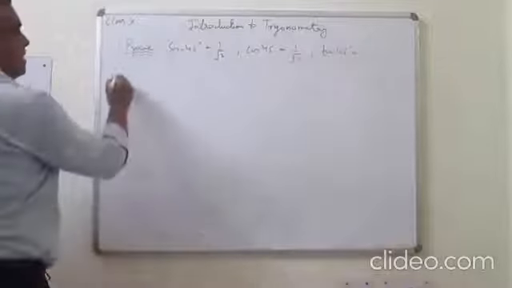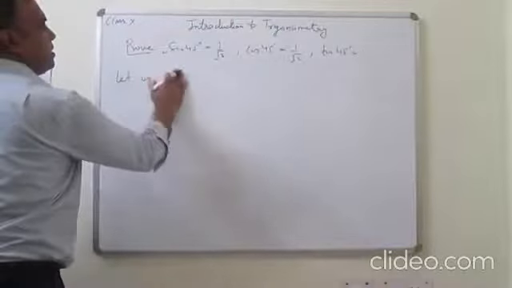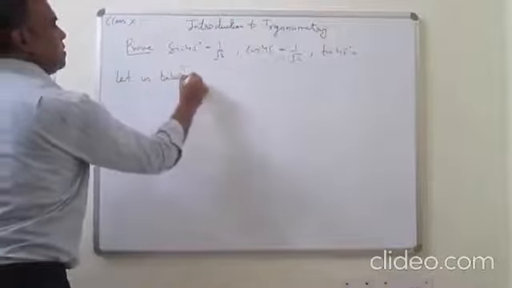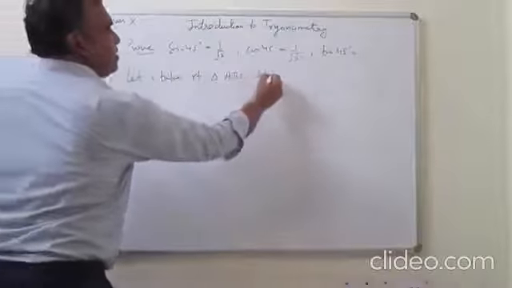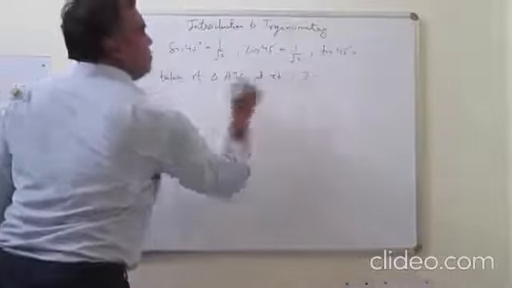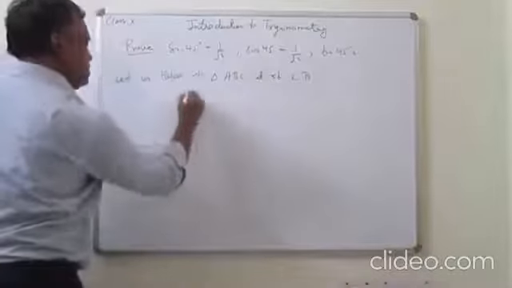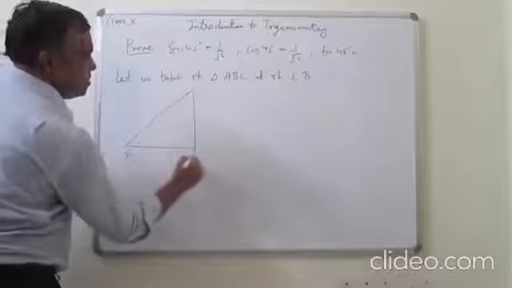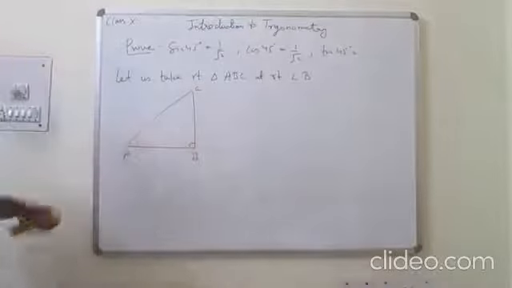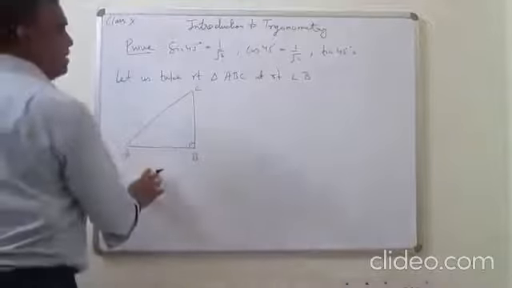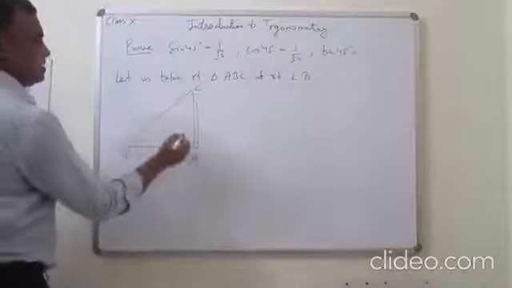Now for this, let us take a right triangle ABC, right angle at B. Now I will take 45 and this is 90.